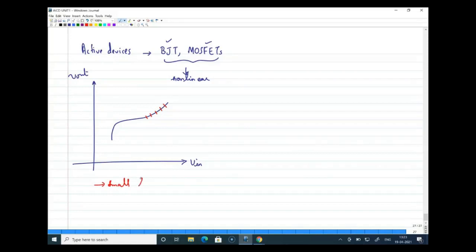Because we work on small linear segments of the non-linear characteristics of a nonlinear device. I hope the statements I'm making are making sense for you guys.